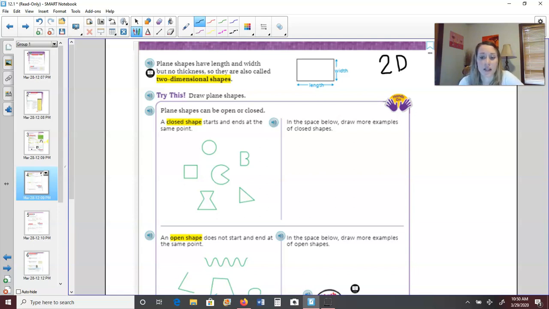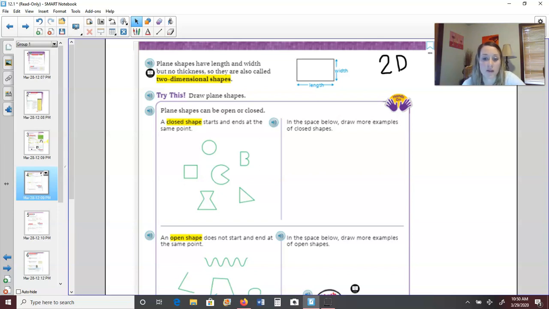So if we take a look, it talks about plane shapes, how they can be open or closed. Very simple vocabulary words, boys and girls, because closed means it is connected or it is shut, like when you close the door. So a closed shape starts and ends at the same point. So if you take a look at the closed shapes they drew as examples, we have a shape that looks like a circle.